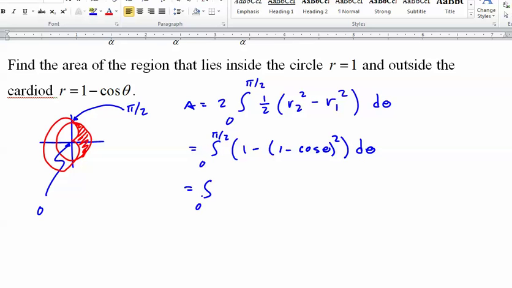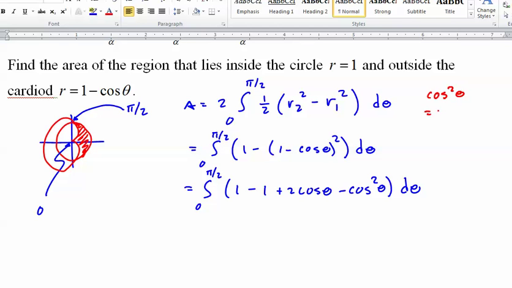As I mentioned earlier, you're going to need to have that formula handy because you're going to get things like this. You're going to want to sub in this for the cosine squared theta so that you can integrate it.